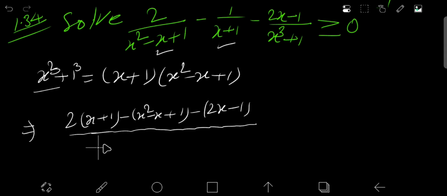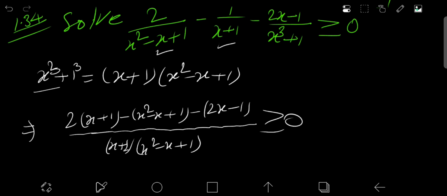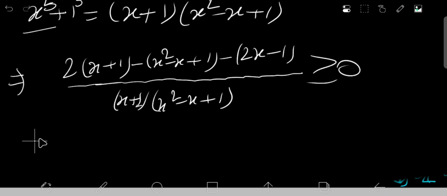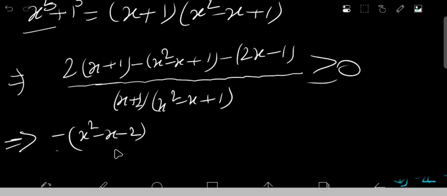the LCM, x plus 1 times x square minus x plus 1, greater than or equal to 0. When we solve this, we get a minus, and in the next step when we calculate this, we get x square minus x minus 2 whole divided by this one.